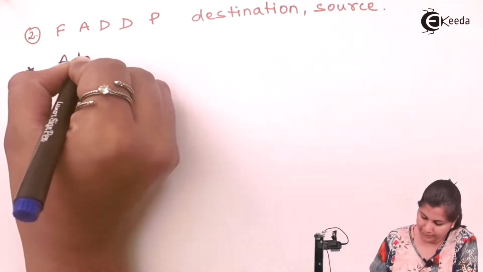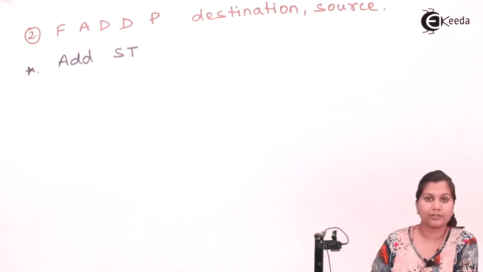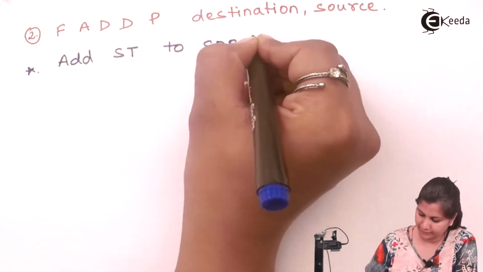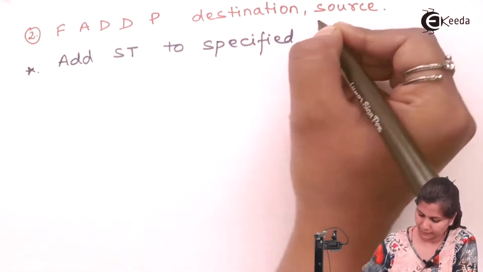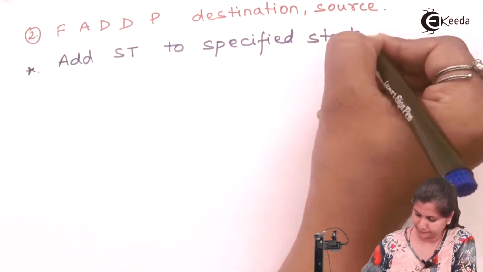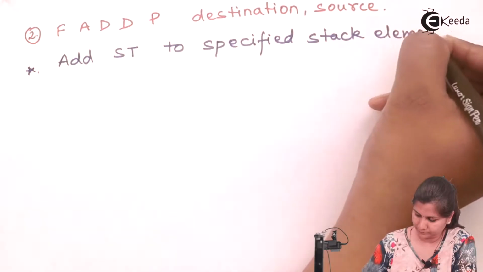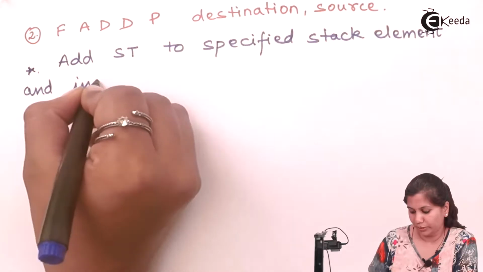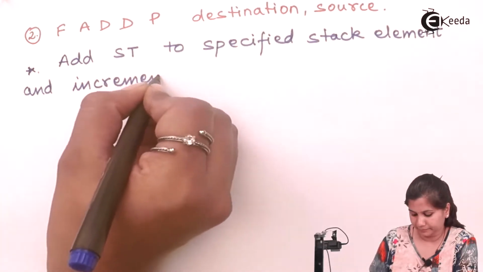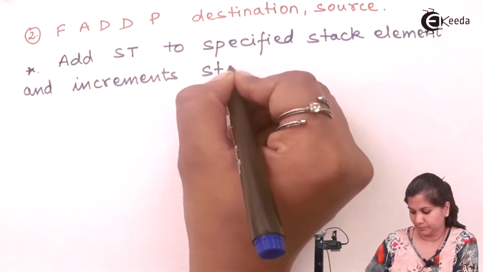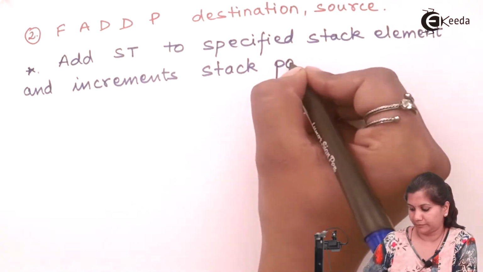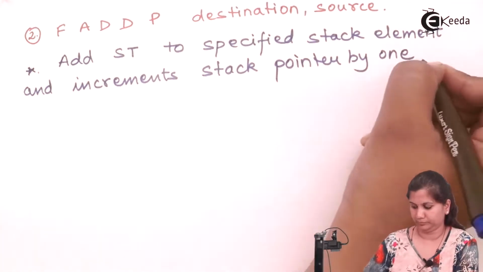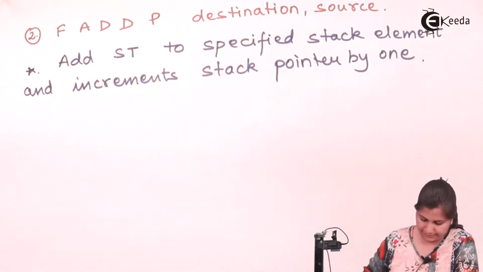It is going to add ST, that is the top of the stack element, to the specified stack element. And then it is going to increment the stack pointer by 1. Let's see its example.